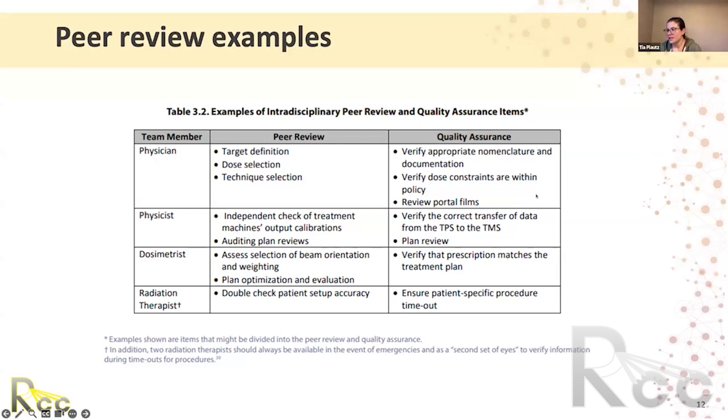But quality assurance that they might do is that they'd verify that all of the nomenclature of the documentation is appropriate for the clinic standards. They would verify that their dose constraints are all met by the plan. And they also review portal films on a daily basis to ensure that the patient is setting up correctly.